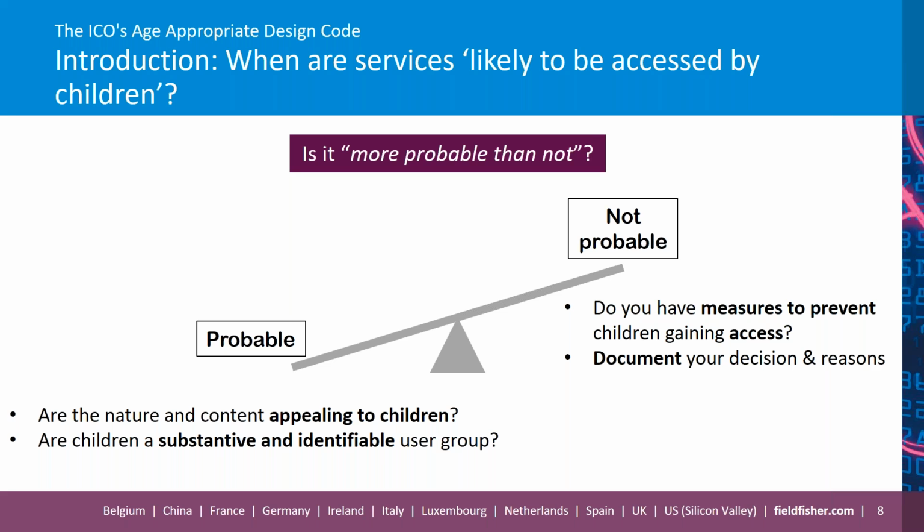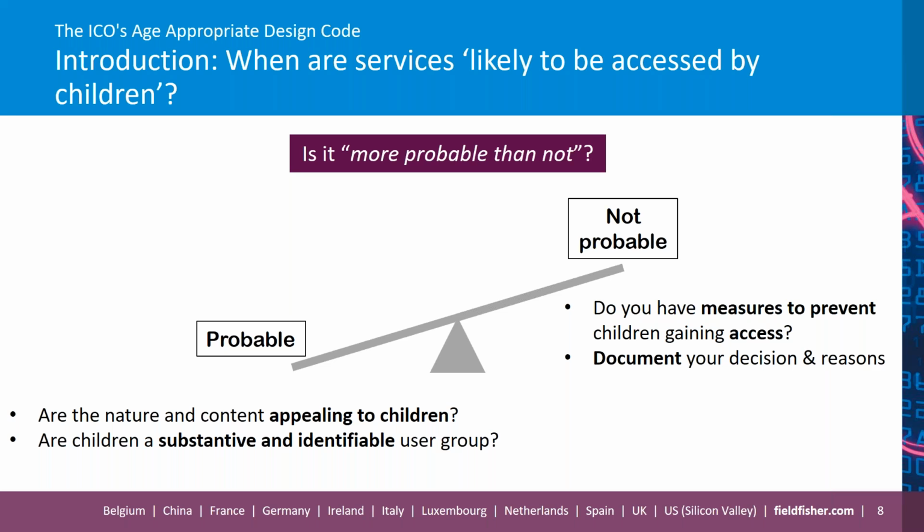The ICO says that whether a service is likely to be accessed by children depends on the possibility of this happening being more probable than not. So the code says that there are some factors that you should weigh up when assessing whether this is the case or not. And these include the nature and content of the service and whether they have particular appeal for children, and also whether you have any measures in place that prevent children from gaining access.